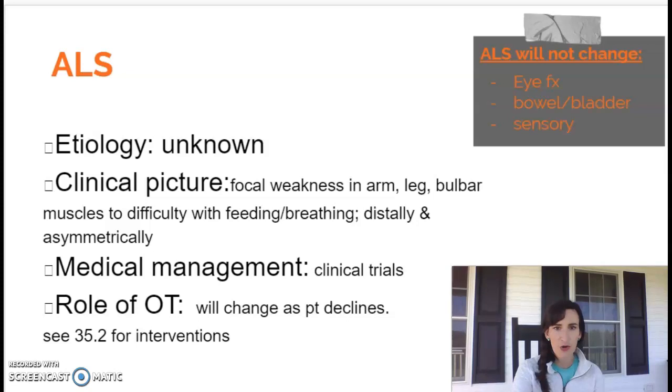As far as the role of OT, I've put there that it will change as the patient declines. And so your textbook there, 35-2, has great interventions, and it's got it laid out for you. Please reference that. But some of the things that you would be thinking about here would be range of motion, stretching to prevent contractures. We're going to try to prevent anything that may cause pain, okay?